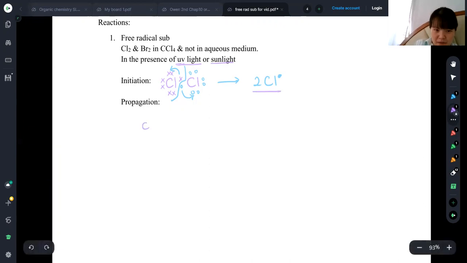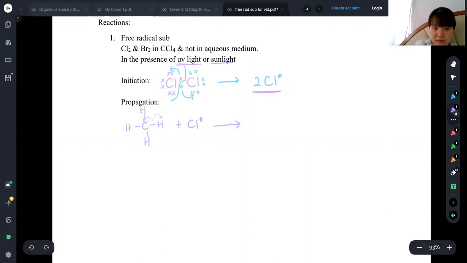So methane, I'm going to show it in display so that you know where the electrons went. So I'm going to use this Cl dot, which is a radical, to remove 1 H from this methane. So the first step here is for me to remove a H. So what happens here is another homolytic fission.